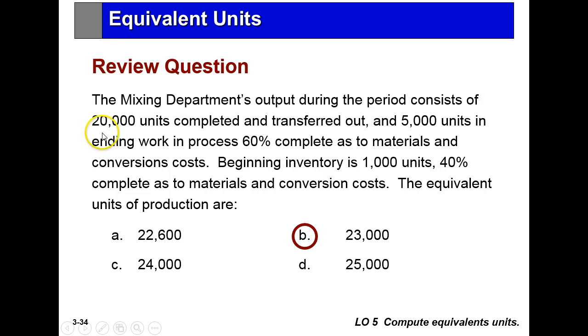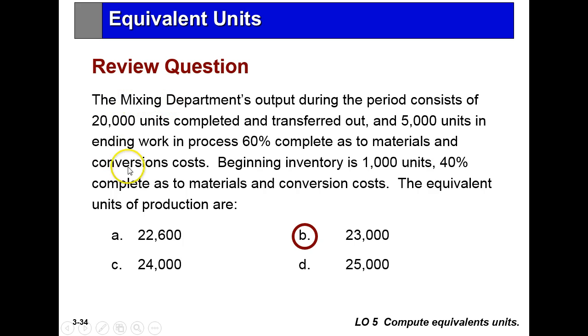So if I'm seeing it correctly here, we're starting the period with 1,000 units, 40% complete, which means we're at roughly an equivalent of 400, okay?